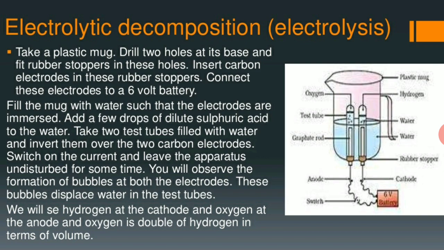One should be connected to the positive terminal, another to the negative terminal. After that, fill the mug with water such that the electrodes are immersed in water. Take two test tubes filled with water and invert them over the two carbon electrodes so that we can collect the gases in the test tubes.